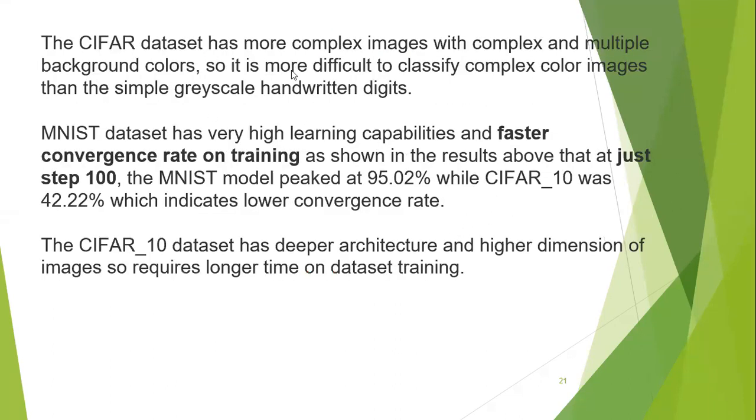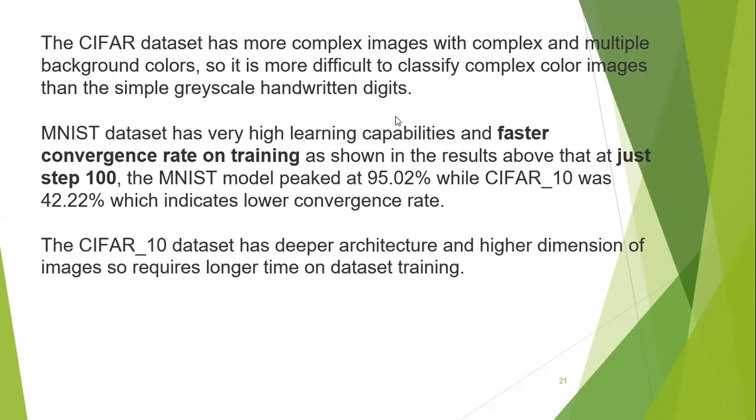And then because the CIFAR dataset has more complex images with multiple colors and background colors, it's more difficult to classify complex color images than the simple grayscale handwritten digits.